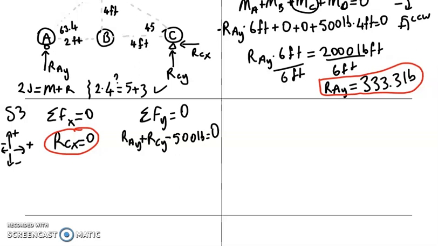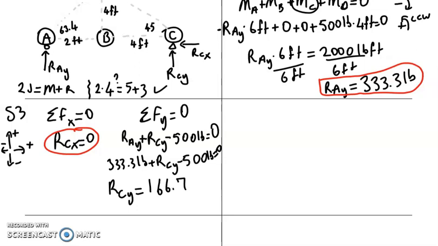So let's plug it here: 333.3 pounds plus RCY minus 500-pound force should equal 0. From that, if you do the calculation, you will get RCY equals 166.7 pound force.